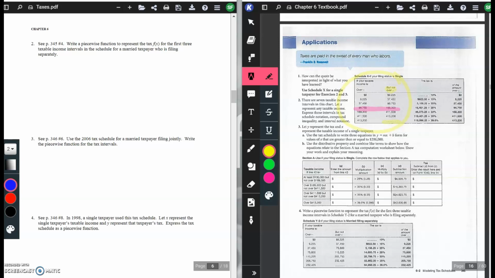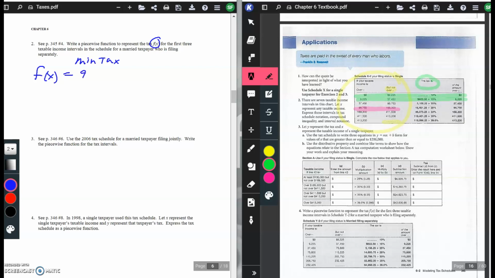So we know that we're going to have our f of x, because it tells us in our problem, f of x equals our minimum tax. Our minimum tax for our first level over here to the side is, you'll notice this line right here. Our minimum tax, for the first 3 taxable incomes, is going to be $922.50, which is right here, where it says the tax is.